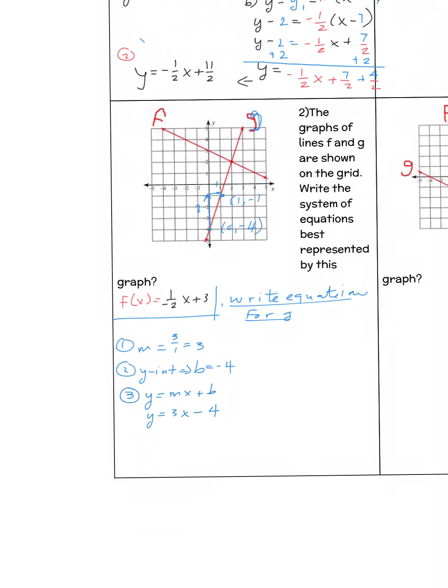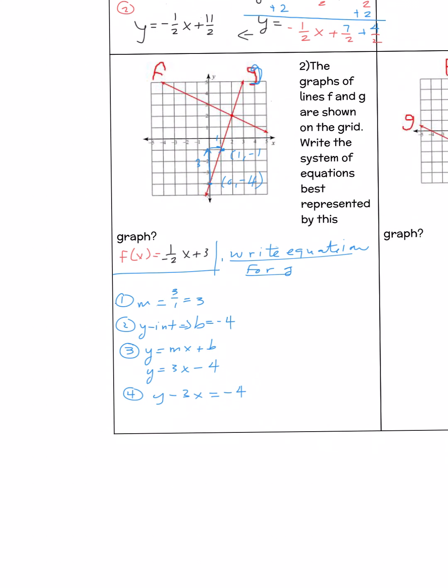Then I'm going to go ahead and write it in standard form. So standard form means I take all my x's and my y's and put them over to one side of the equation. So in this case, I'm going to move the 3x over to the other side by subtracting 3x, so it would be y minus 3x equals negative 4. And then I'm going to rearrange it by writing it like this.